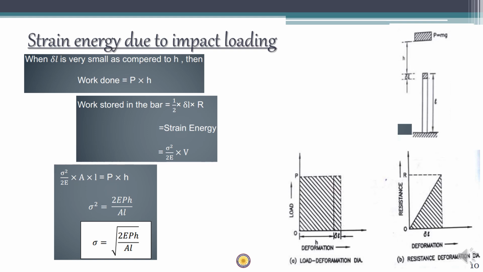So you can equate these two expressions to each other and get that in this case sigma is equal to square root of 2EPh by AL. So this also has to be remembered and kept.